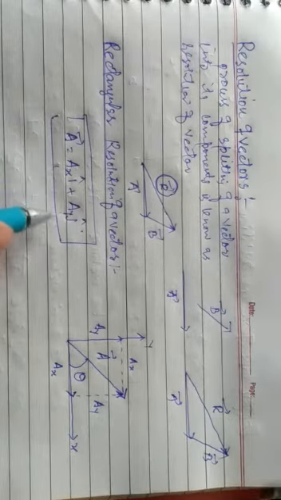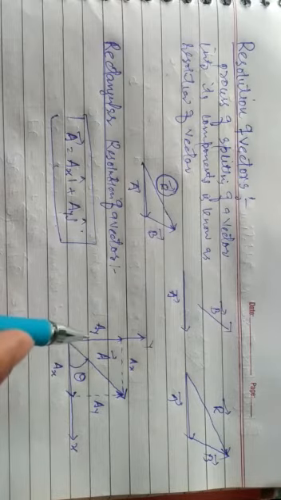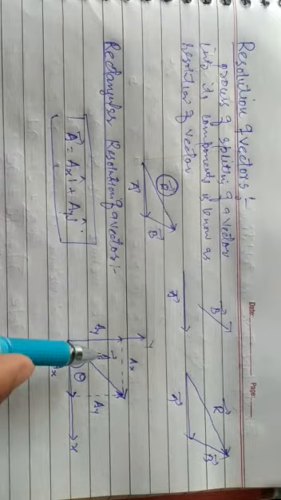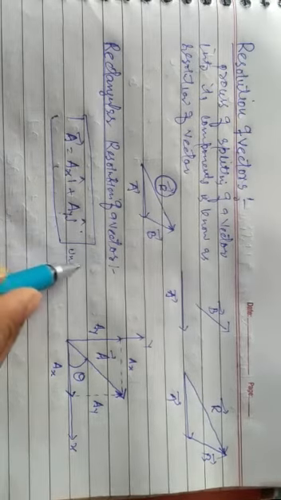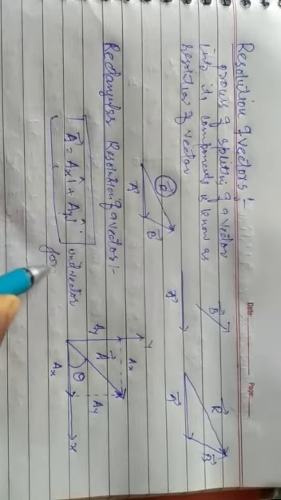What are a_x and a_y? a_x and a_y are the components of vector a along the x-axis and y-axis. So this is the vector form of vector a, the unit vector form.